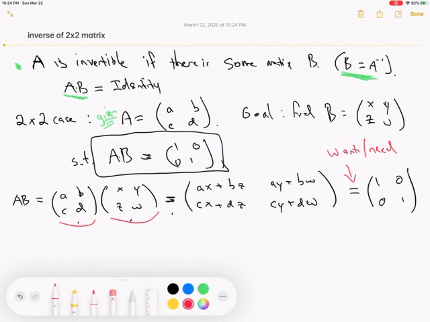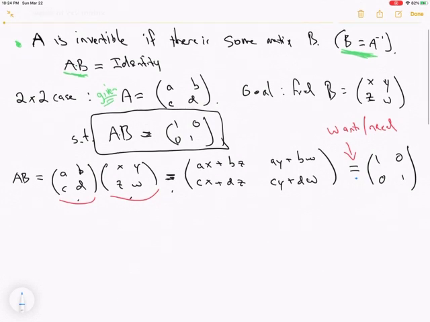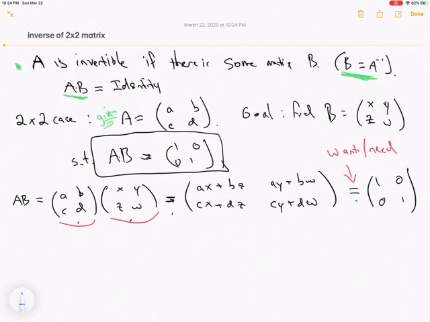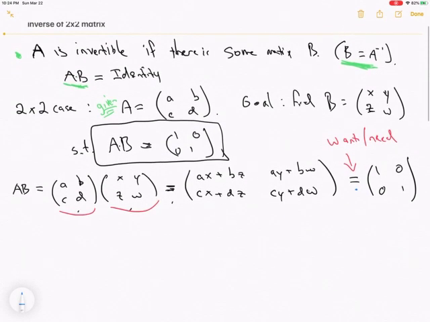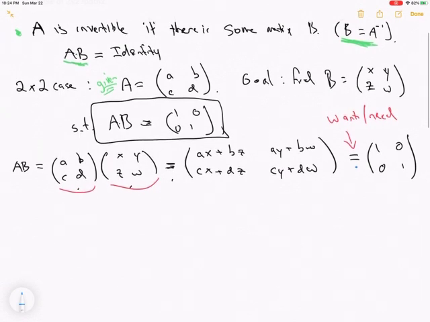Well, the condition we need right here actually just gives us a system of equations. Actually, it gives us two systems of equations. If we just compare the first column, we see that we need ax plus bz to equal 1, and we need cx plus dz to equal 0.